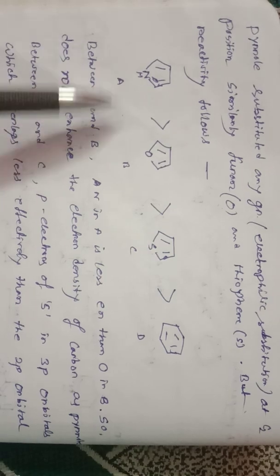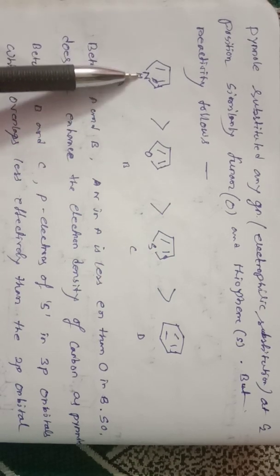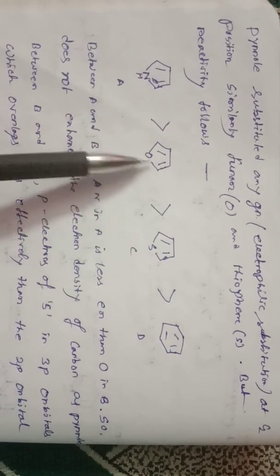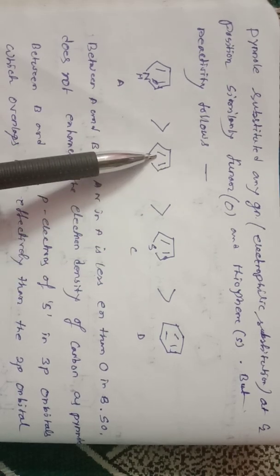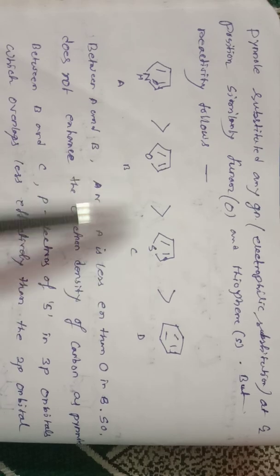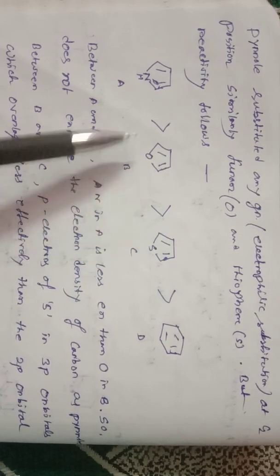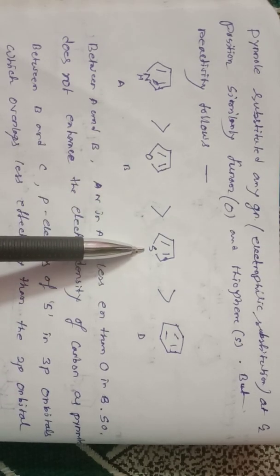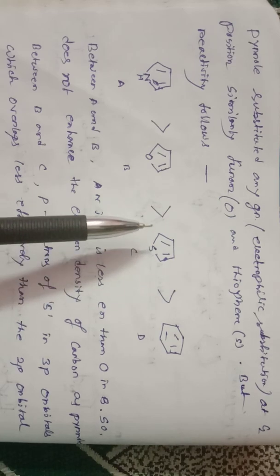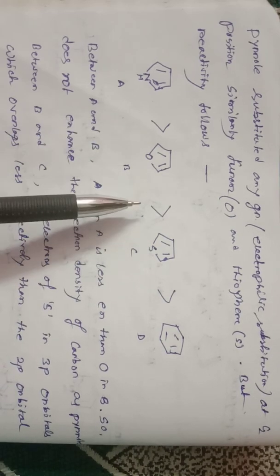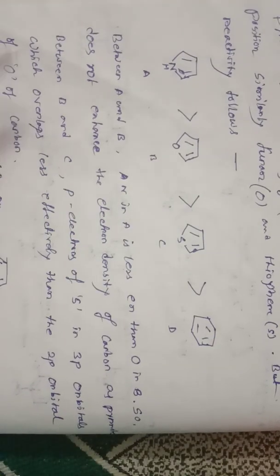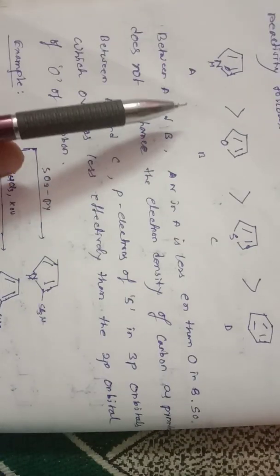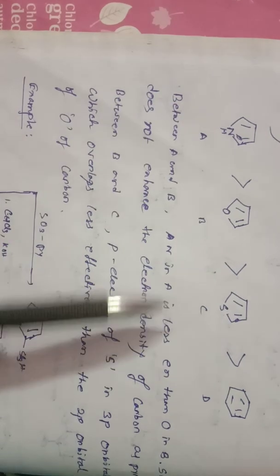But between furan and thiophene, the p electrons, that means pi electrons of sulfur in 3p orbitals, are involved less effectively than the 2p orbital of oxygen with carbon. That's why the reactivity order becomes like this.